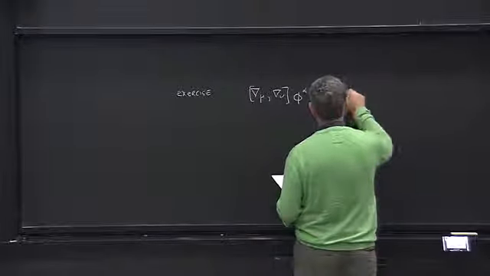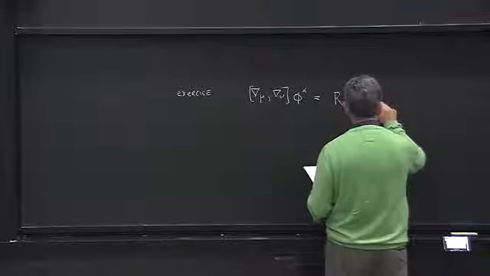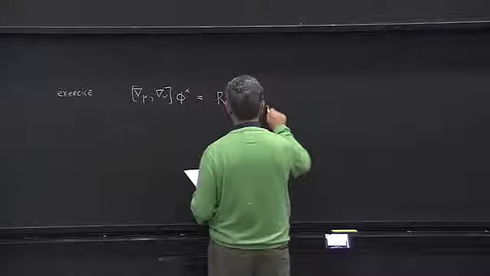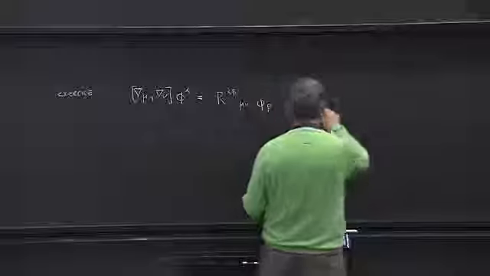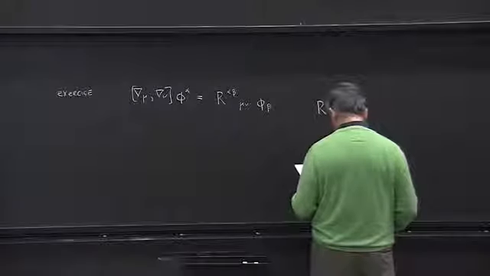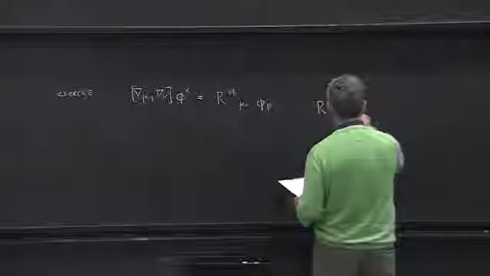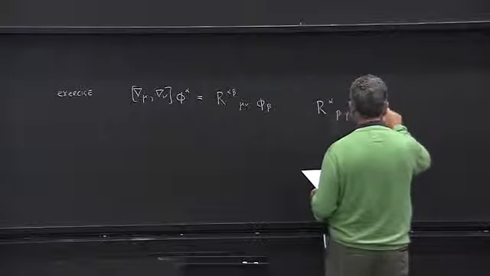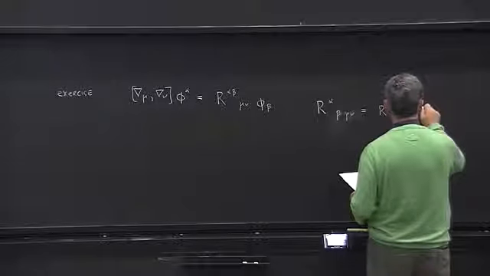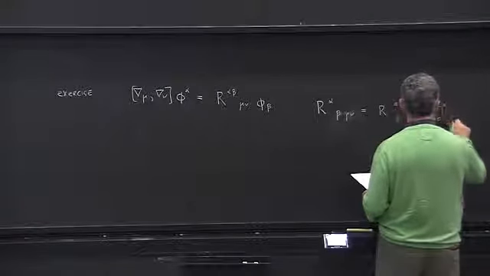We get R alpha beta mu nu phi beta, where R alpha beta mu nu is equal to R mu nu AB sigma AB alpha beta.